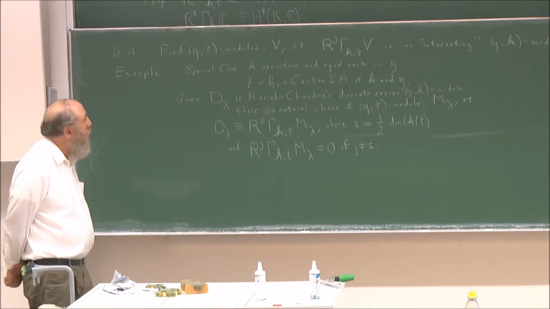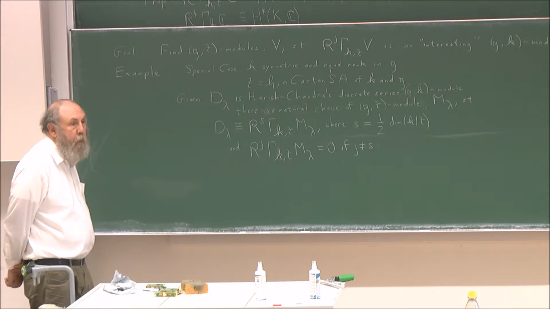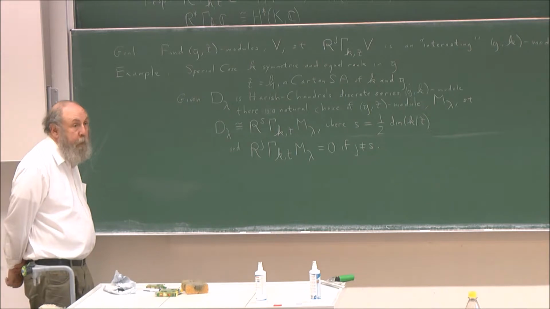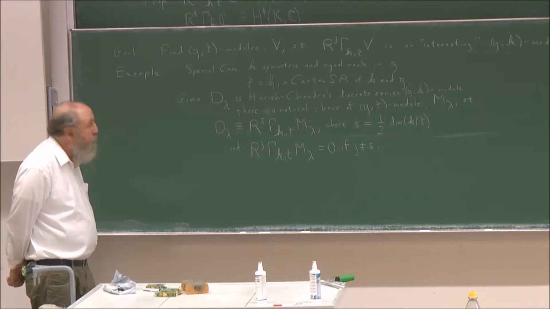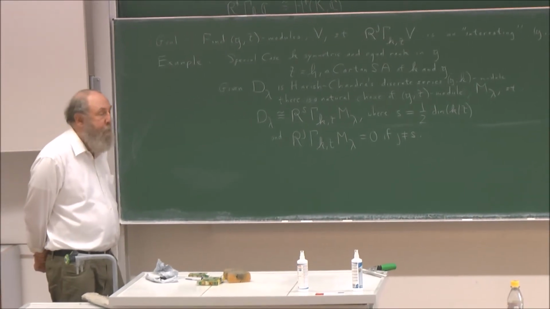I want to understand, well, can I construct other interesting GK modules, possibly in the case when K is not symmetric, by making an appropriate choice of GT module? Are there any questions so far?